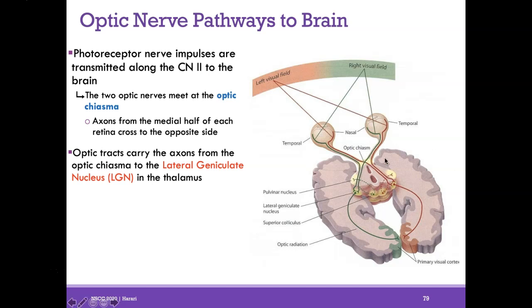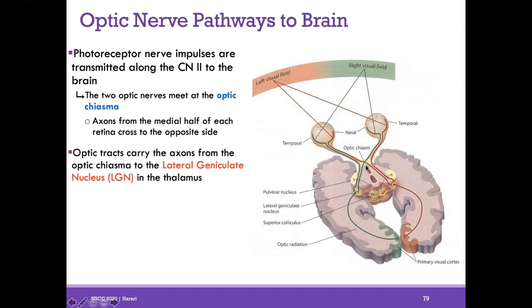So that happens at the optic chiasm, and you can see that in a brain dissection, which unfortunately we won't be able to do, but by watching the videos, you can definitely see the optic chiasm on the underside of the brain. Optic tracts carry the axons from the chiasm to the LGN, which is called the lateral geniculate nucleus, and that's a part of the thalamus.